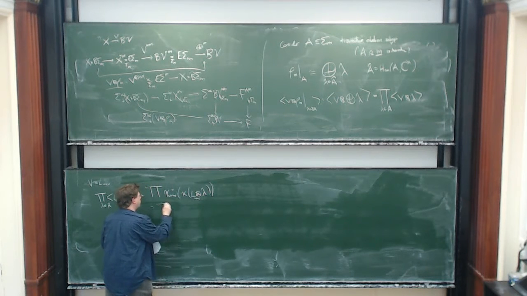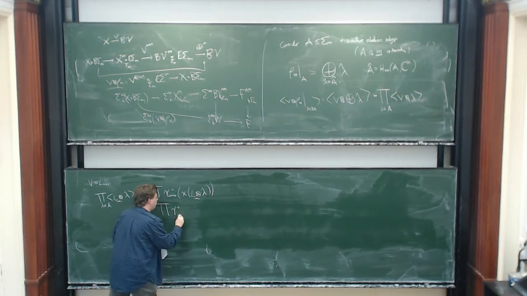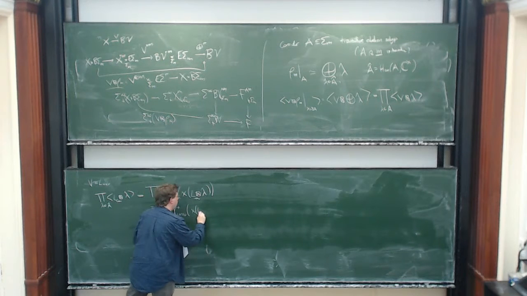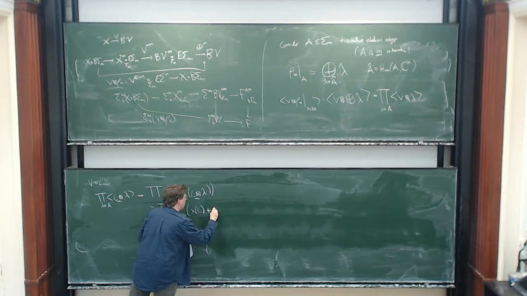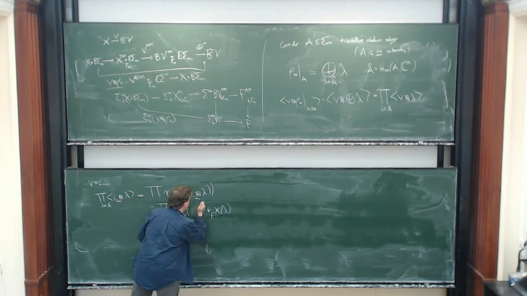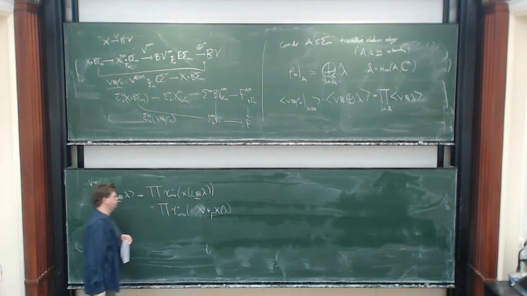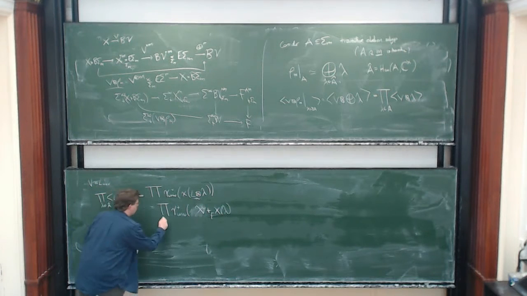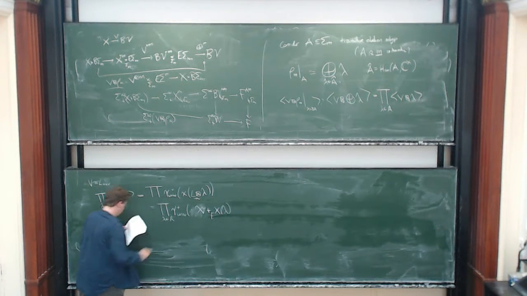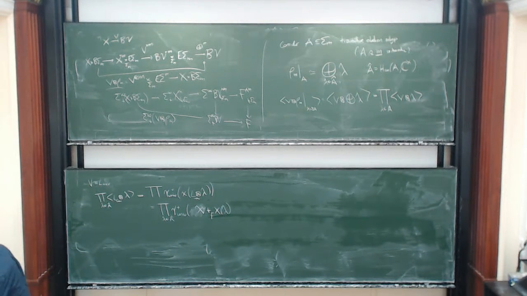And I can rewrite this as gamma star univ of the formal sum of x of L and x of lambda. In fact, I think I said that this was just x. That's my formula for that. Okay.